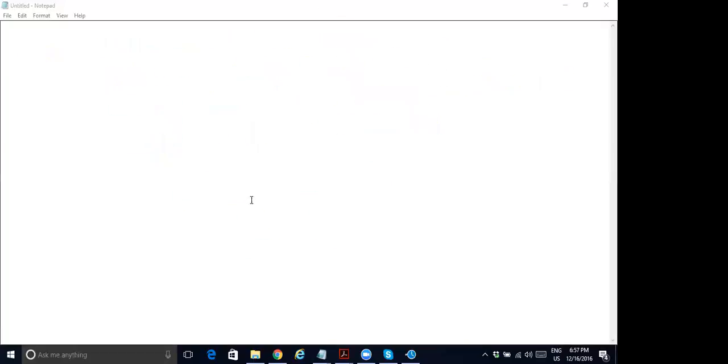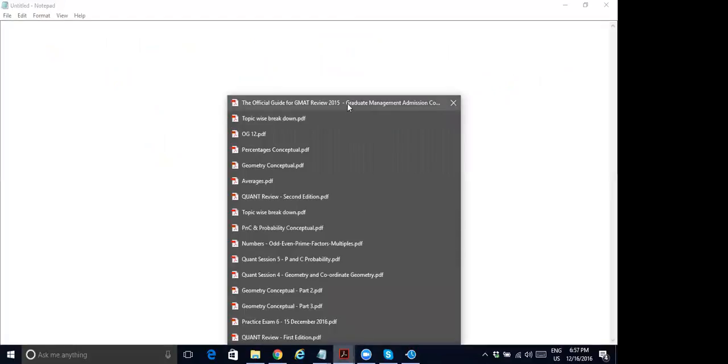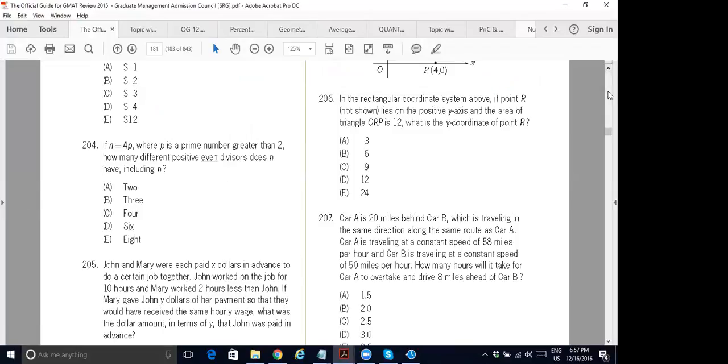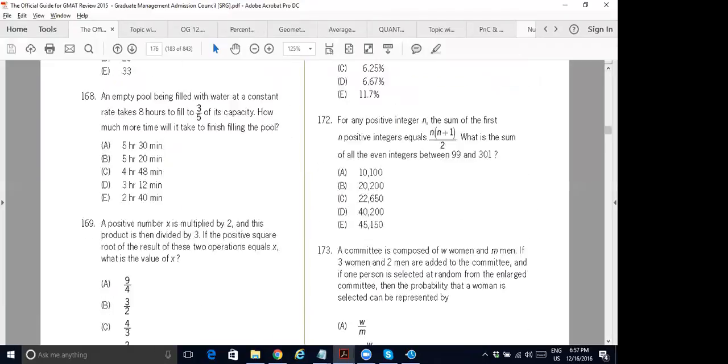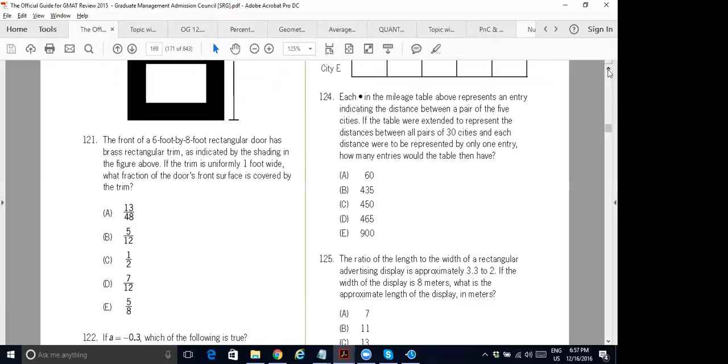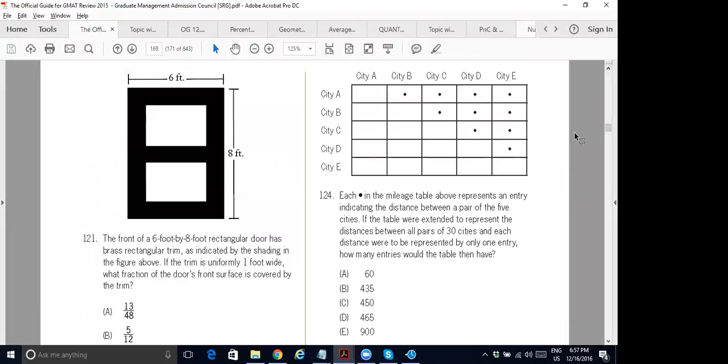Now, sequences can be a lot different. For example, question number 124. I'll show you the question. This one.